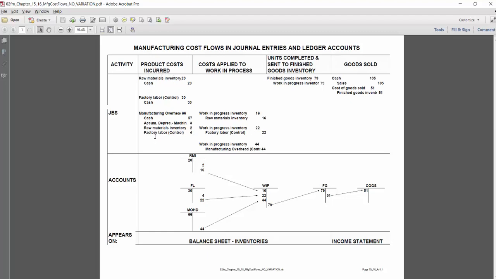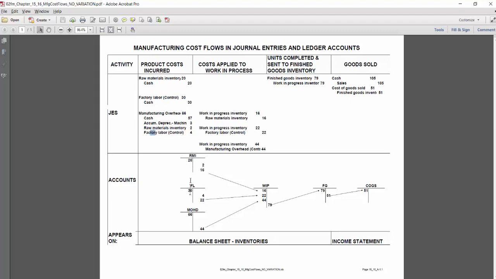Once we know which costs are direct and which costs are indirect, we may make a combined journal entry that adds manufacturing overhead, including all indirect costs such as general factory overhead, depreciation of equipment, other costs paid in cash, and indirect materials coming from raw materials inventory, and indirect labor coming from our factory labor account.